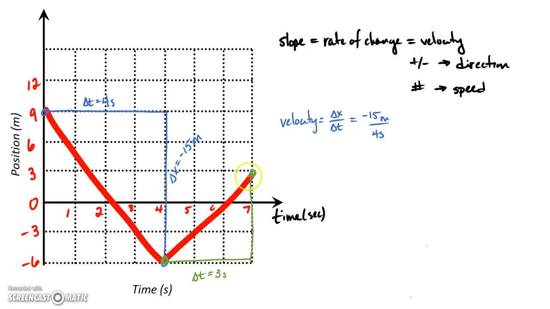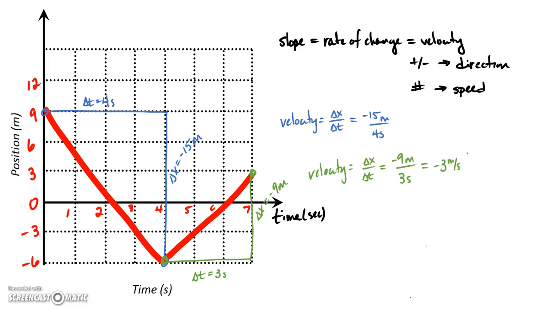And here I went from 3 to -6, so my change in position is -9 meters. So for this green section, my velocity is again equal to my change in position over my change in time, which is the slope of the line. And so I have a -9 meters, and this time it's in 3 seconds. So that's a little easier. I don't have to do an ugly fraction on that. So that's -3 meters per second.